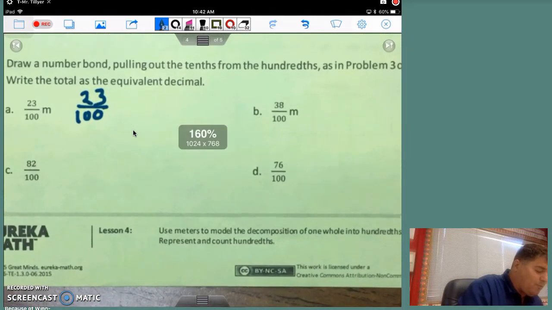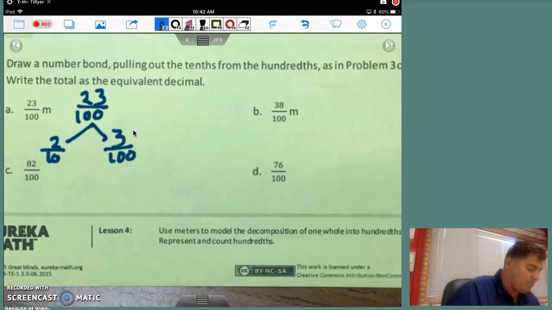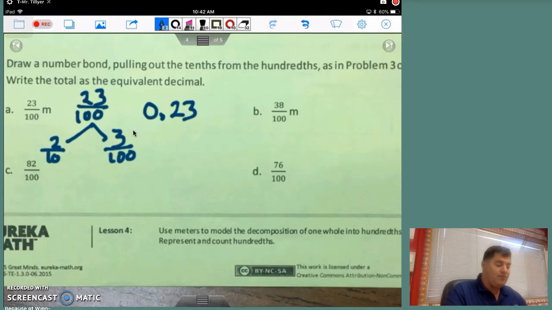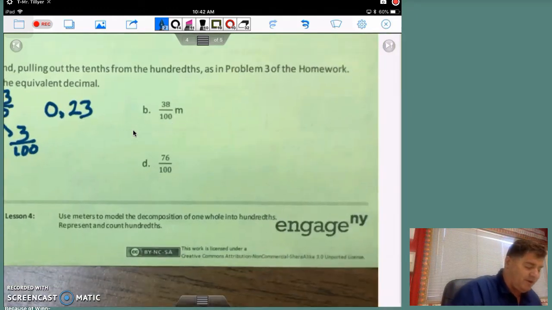So how many tenths do we have? We have 2 tenths, and we have 3 hundredths. And then we're going to write the equivalent decimal: 0.23. Let's just do one more. Let's do D here. Okay, so 76 hundredths.